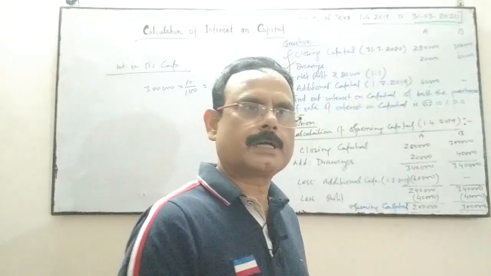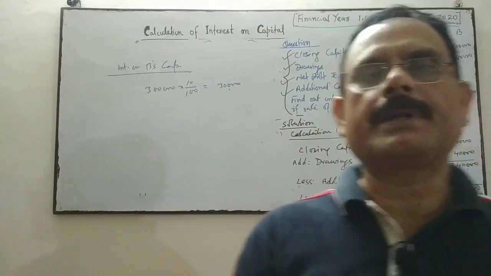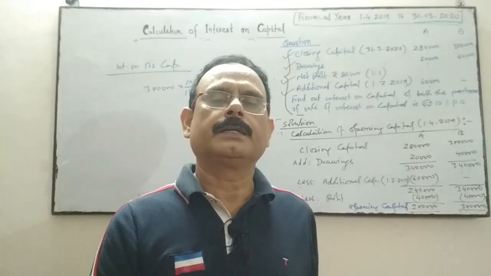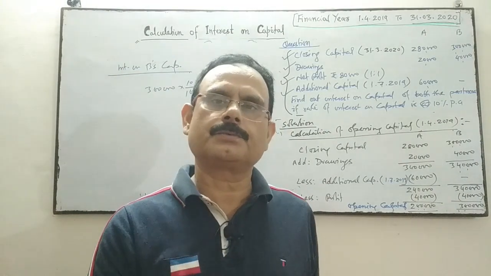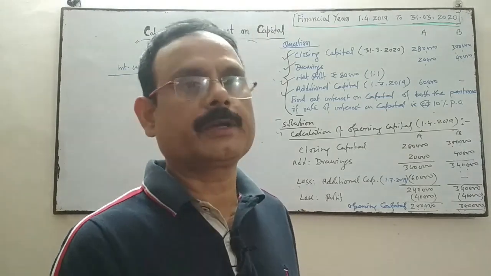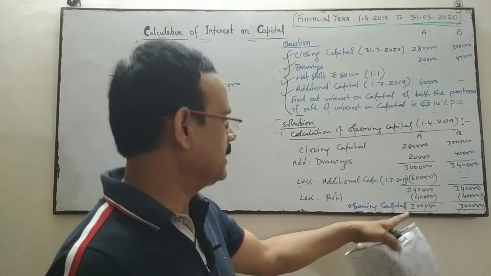Because we start calculating the interest on capital on the basis of opening capital and any additional capital if it is given. Taking these two pieces of information, we start calculating the interest on capital. As we have discussed just now in case of A, A's opening capital is this.